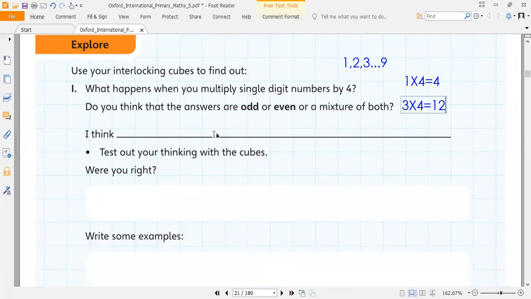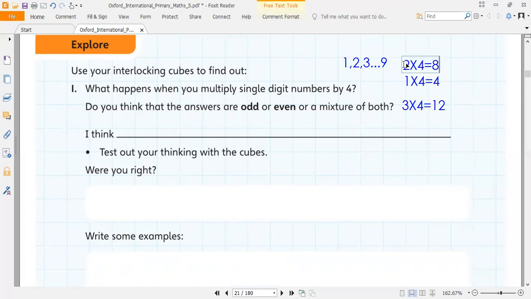So do you think the answers are odd or even or a mixture of both? If we multiply 1 with 4, we get 4. 3 with 4, we get 12. This is even, this is even. And if we multiply even with 4, we will get even.